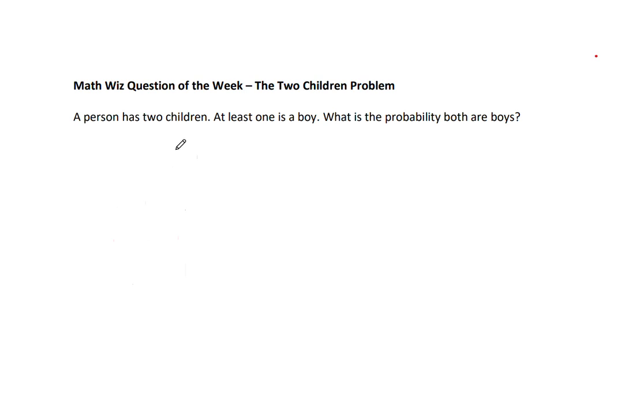Let's write down all the possible ways in which a person could have two children. So the person could have a boy first and then another boy. So that's one possible outcome. Another possible outcome is that the person could have a boy first and then a girl.